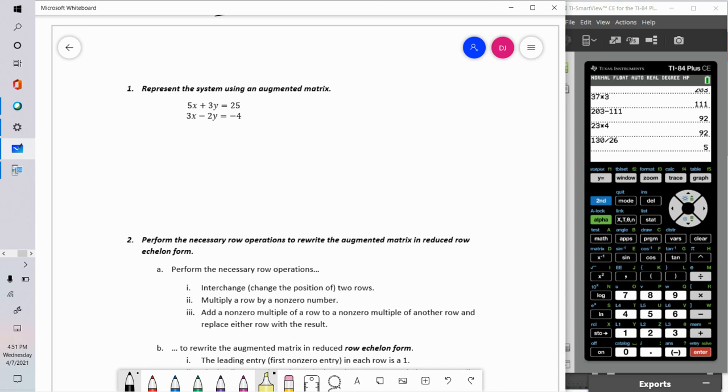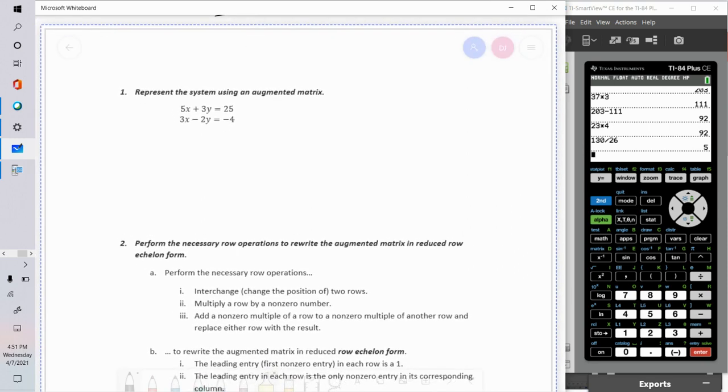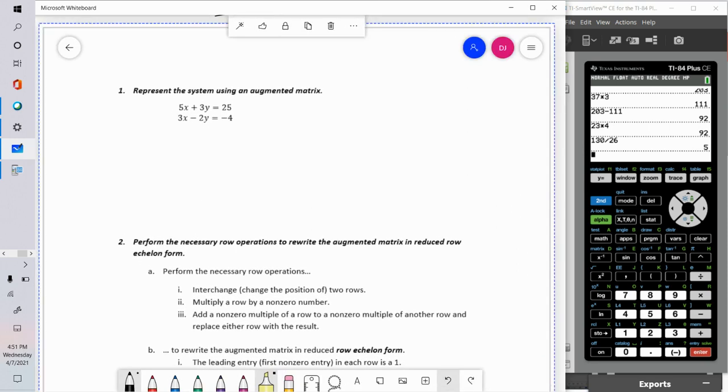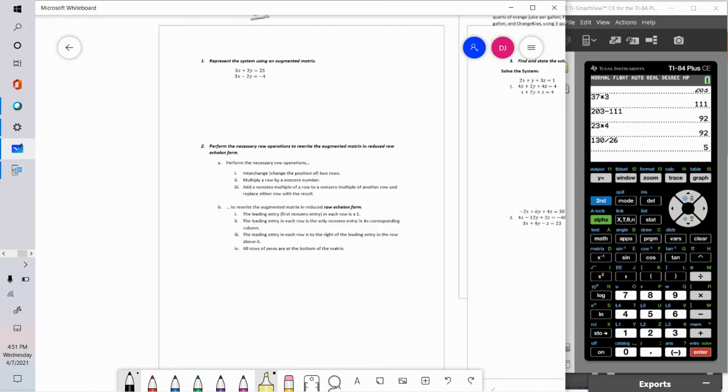There is another method of using matrices to solve systems that is used much less today than it used to be.